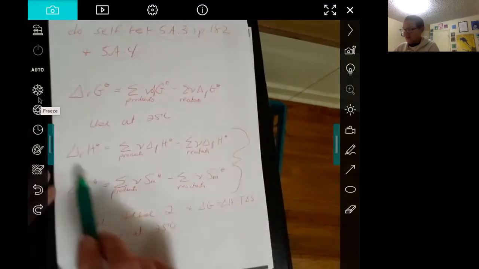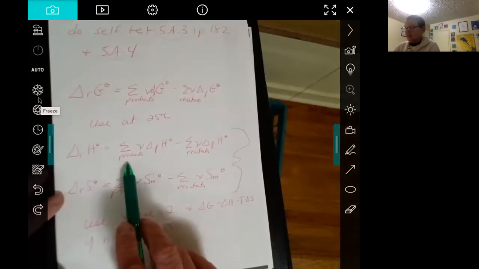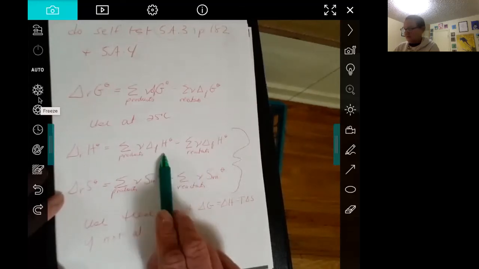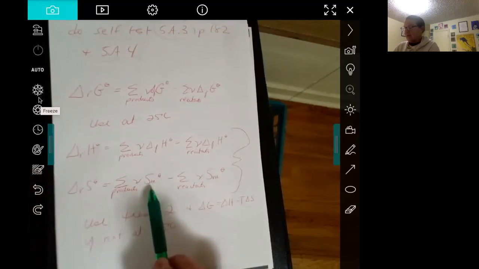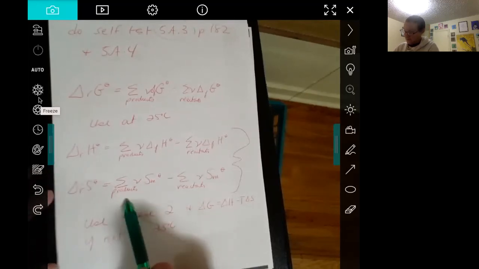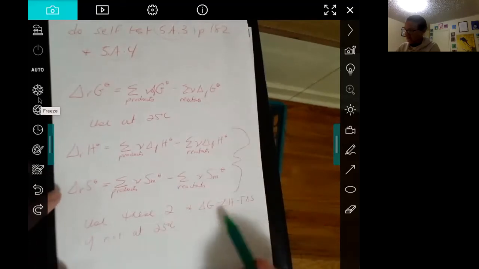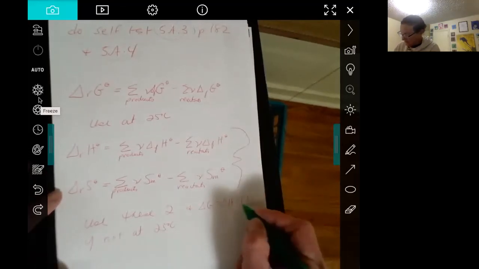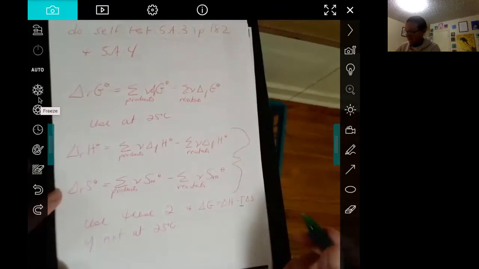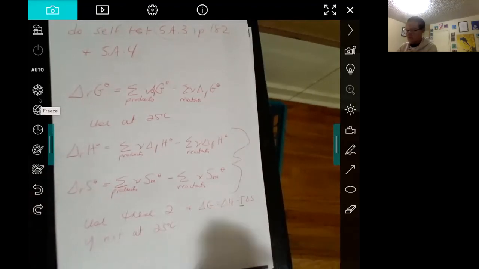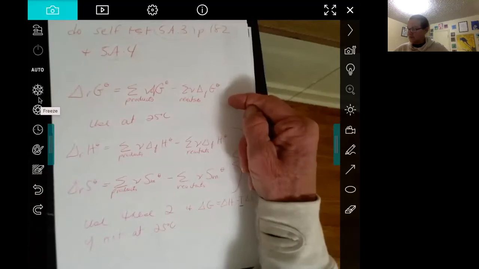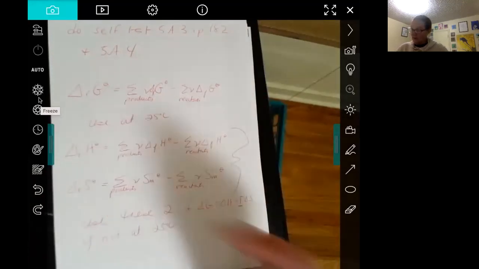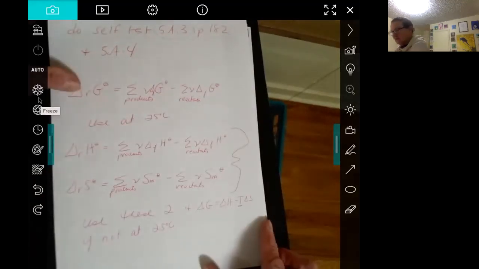But if you're not, then you'll have to calculate delta H with that same equation, getting delta H as a formation standard states, and delta S getting absolute entropies for the products minus reactants. And then you'd have to use those two in the delta G equation, because T is not 25, you'll have to put in whatever temperature you're at. So those are the two ways that you'd calculate a delta G, either directly from delta G's of formation if you're at 25, or by using delta H's and delta S's if you're not.